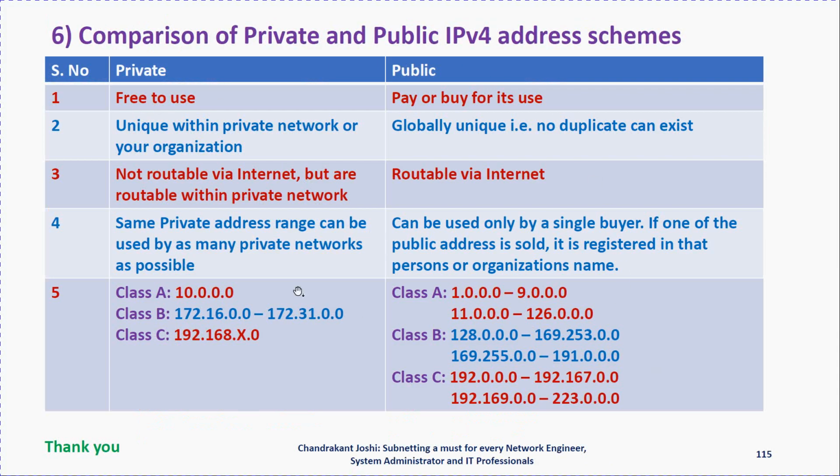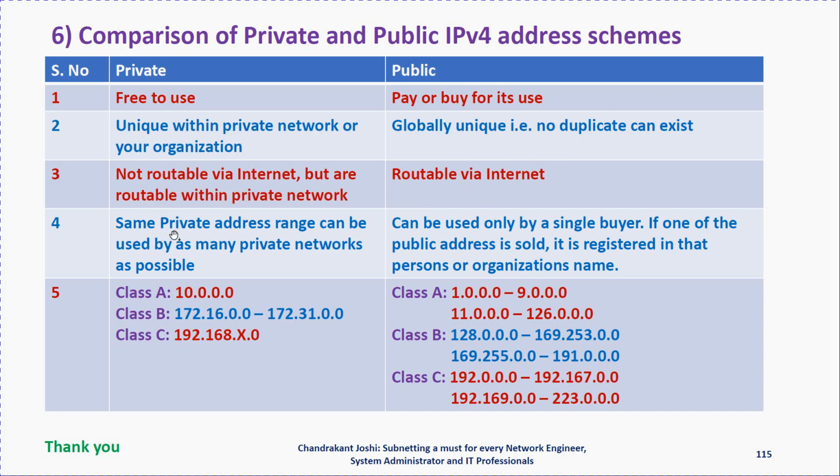We have also seen the comparison of private and public IPv4 addresses. Private are free, public we have to buy. Private addresses are unique within your private organization; public are globally unique. Private are not routable via internet; public are routable via internet.